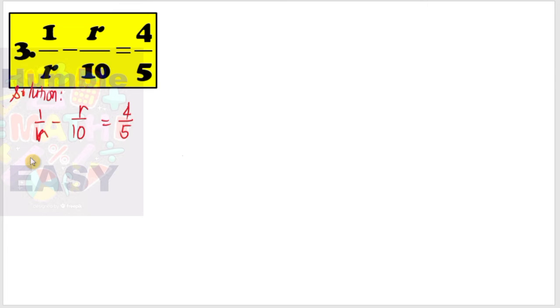So to make it clear, we're going to collect all the denominators that we have, which is r, 10, r, and 5. So r is r, so that is how we multiply both sides by r, both sides of the equation.